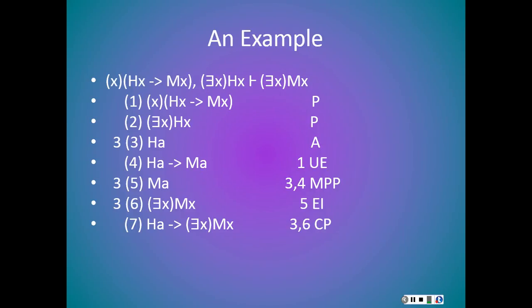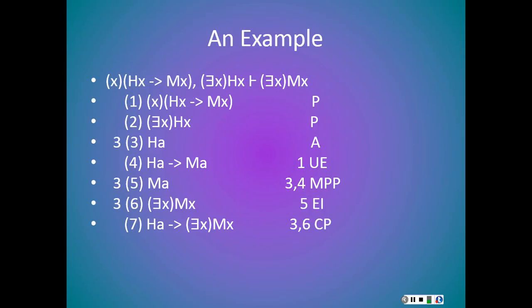The arbitrary case is HA, so the arbitrary name is A. The consequent of my conditional is there exists an x such that Mx, which does not contain the arbitrary name A. So I've met that proviso.